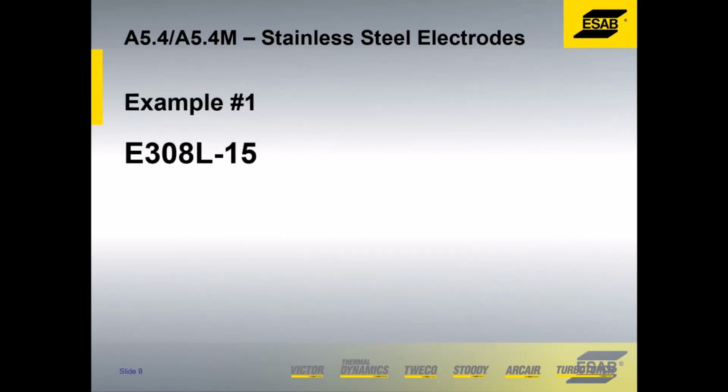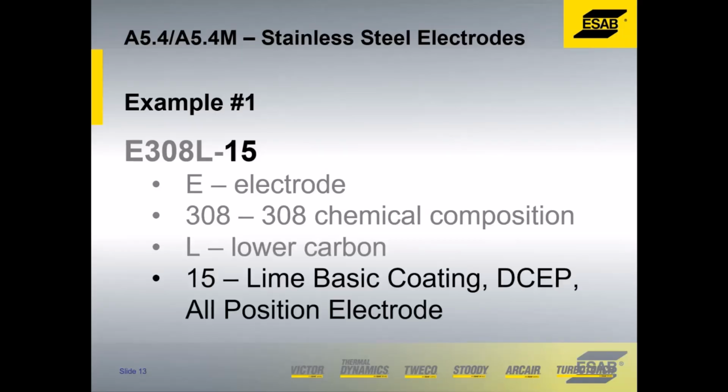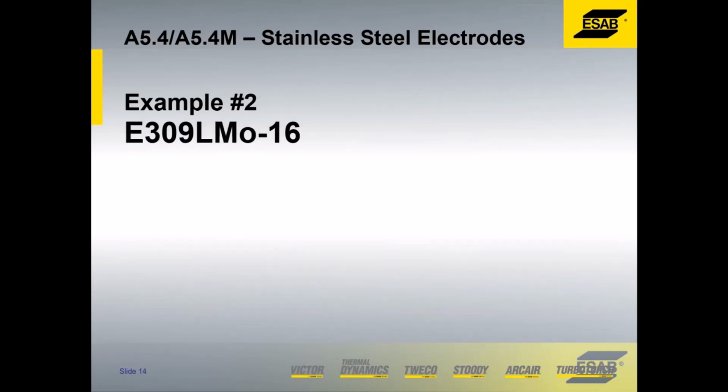So here's an example, 308L-15. So it's an electrode. It has the composition of a 308, so used to weld a 304. It's an L, so low carbon deposit, and it's a 15 type, meaning a basic electrode, and it can be used in all positions. Here's another example, 309LMo-16.